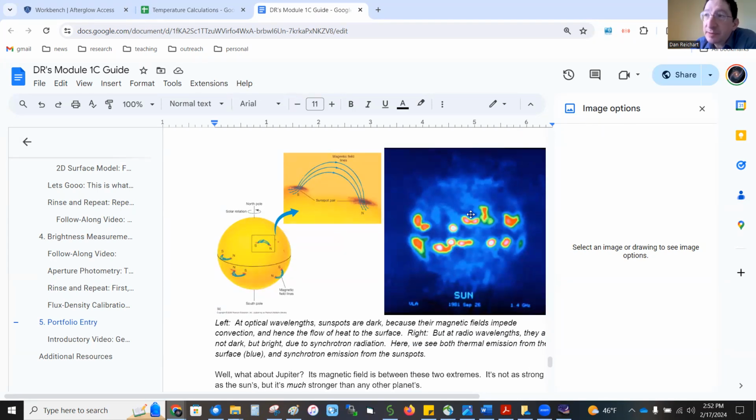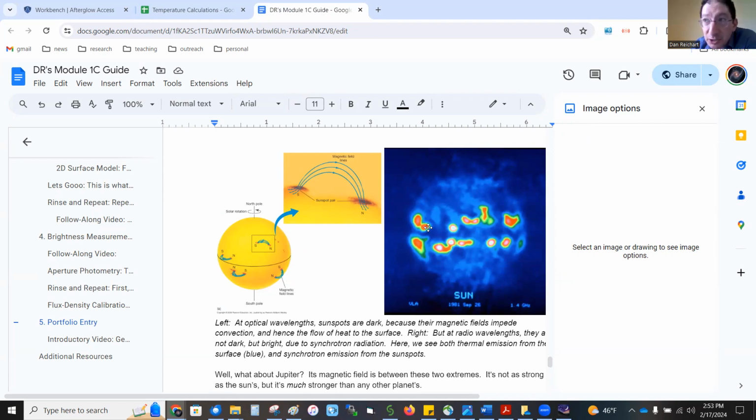But this picture was taken by the Very Large Array in New Mexico, an interferometer at radio wavelengths. In fact, the same frequency that you're observing with the Green Bank 20 meter. And you can see in the radio, the sunspots are not the dark spots, they're the bright spots because of that synchrotron emission. Those are the spots where you have very strong magnetic fields.